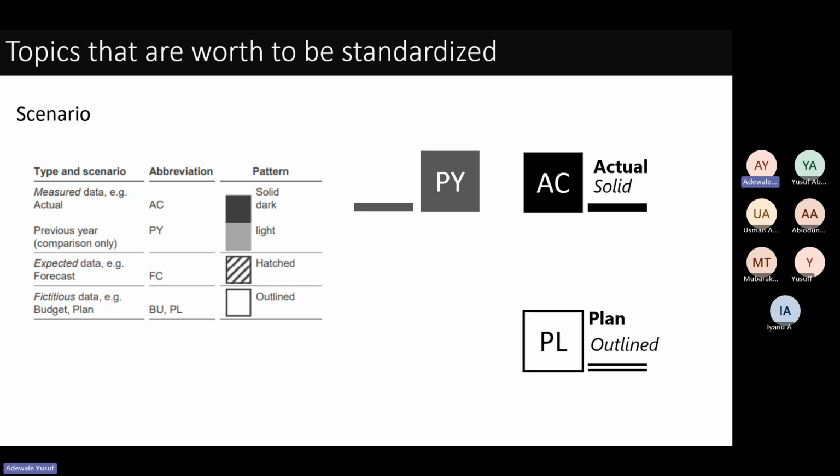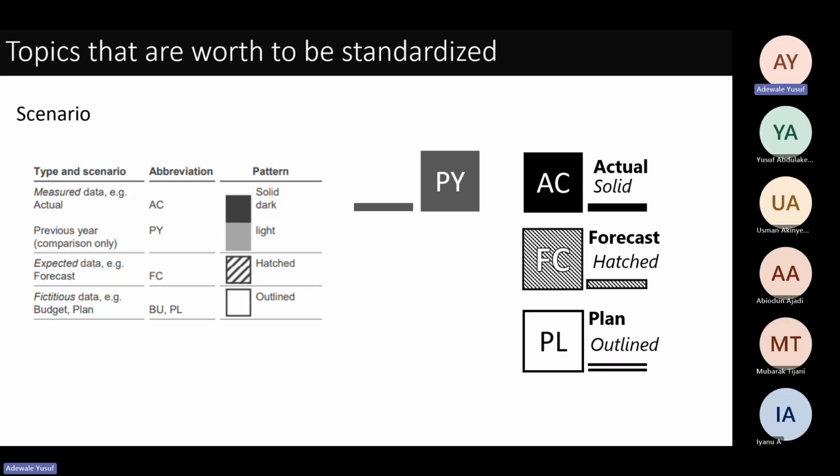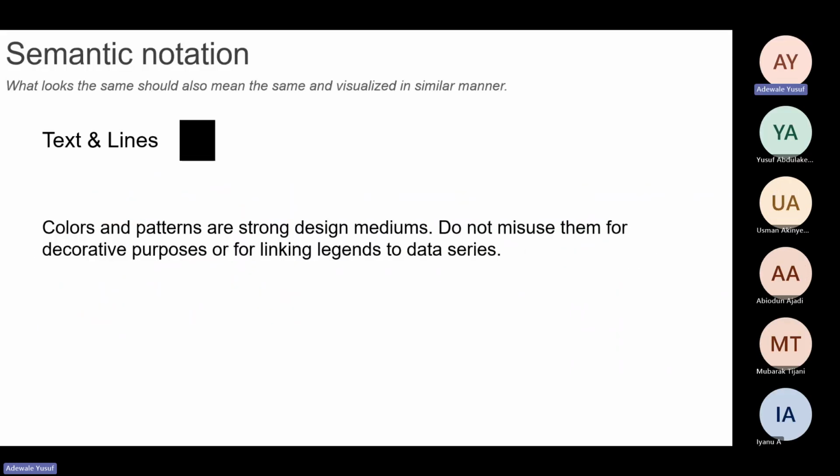That's one. And when you're talking about plan or budget, you should use an outline color, which looks like you are filling up the box, right? And when you're talking about forecast, you should use this particular color.